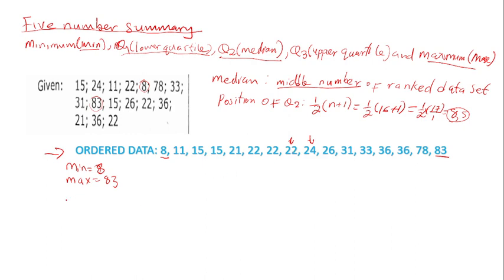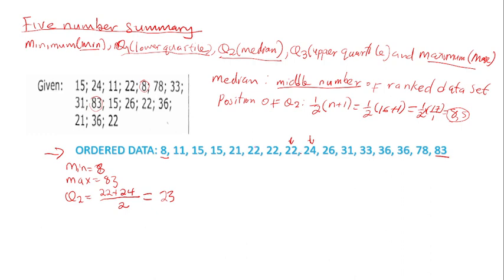So our Q2 is 22 plus 24 divided by 2. 22 plus 24 is 46, divided by 2. So our Q2 is 23.